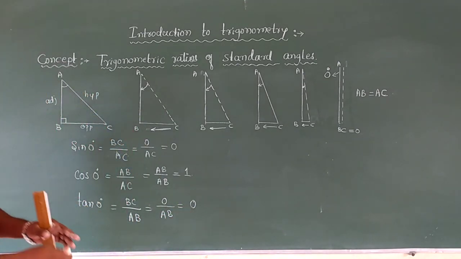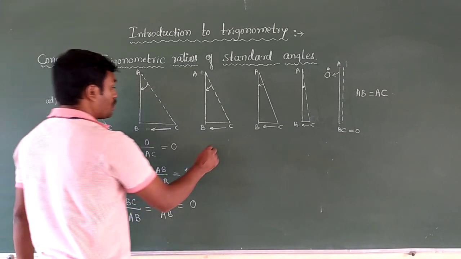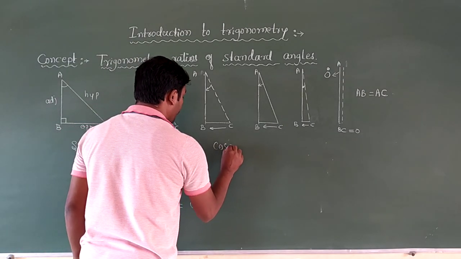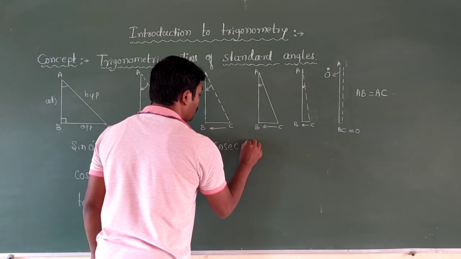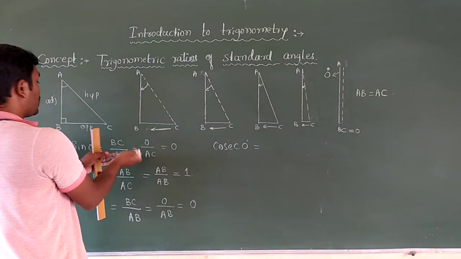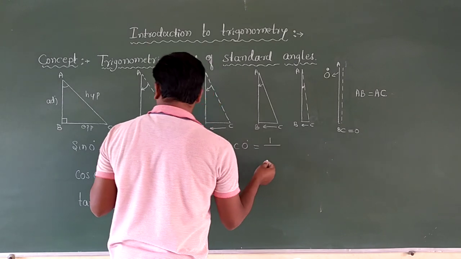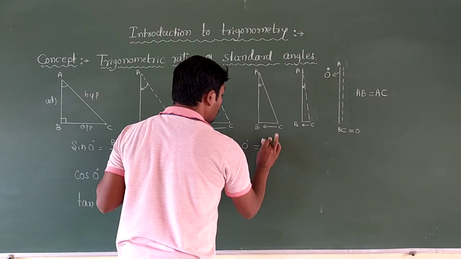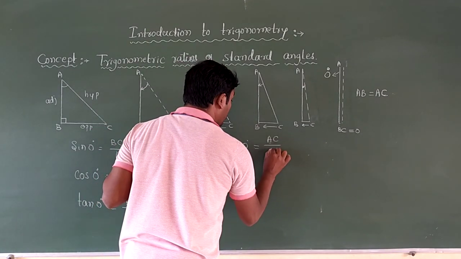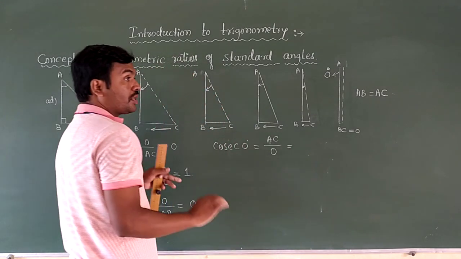So tan 0 is 0. To find the next, cosec 0: cosec 0 degree is the reciprocal of sine, so 1 by 0, or AC divided by 0. AC divided by 0 is not defined.